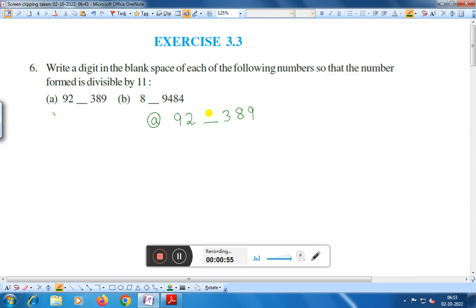Suppose we take one number, say a. Now we will find the sum of the digits at odd places.